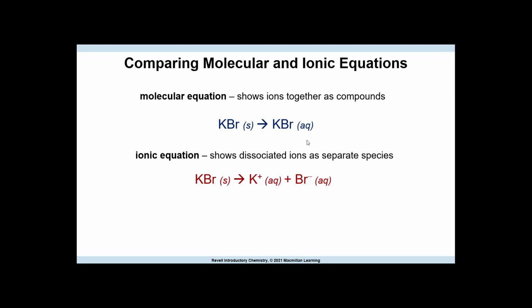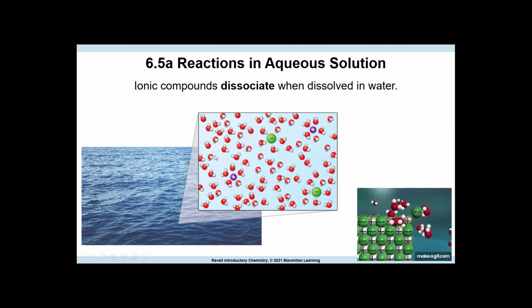In an ionic equation, we show the dissociated ions as separate species. Using an ionic equation, we show potassium bromide as a solid that dissolves into potassium ions and bromide ions, each in aqueous solution. So what that means is it looks now like this.